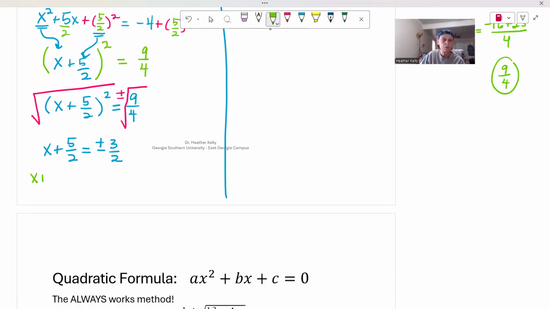We have x plus 5/2 is equal to positive 3/2, and x plus 5/2 is equal to negative 3/2. So subtracting 5/2 over here, we get x is equal to 3/2 minus 5/2, which is negative 2/2, which is -1. And if we subtract this over, we have x is equal to negative 8/2, which is -4.